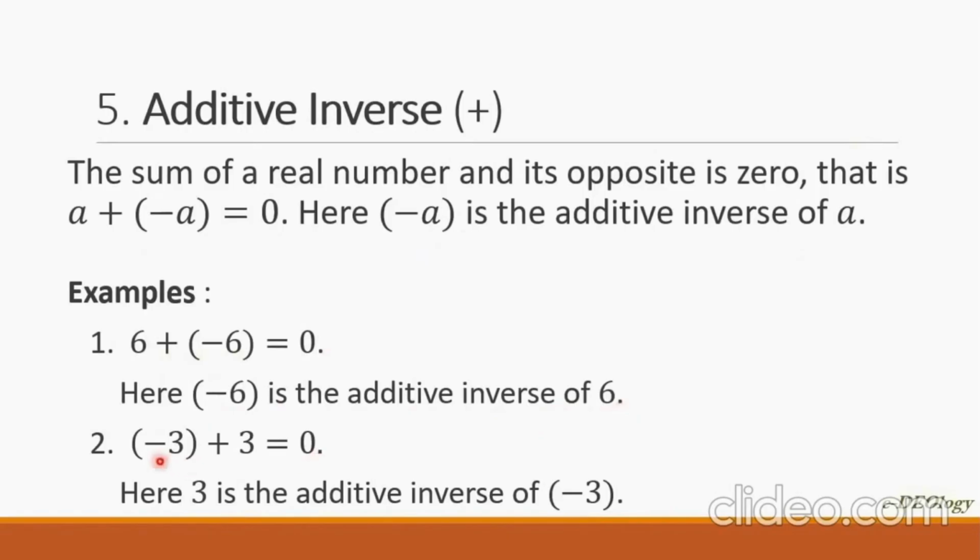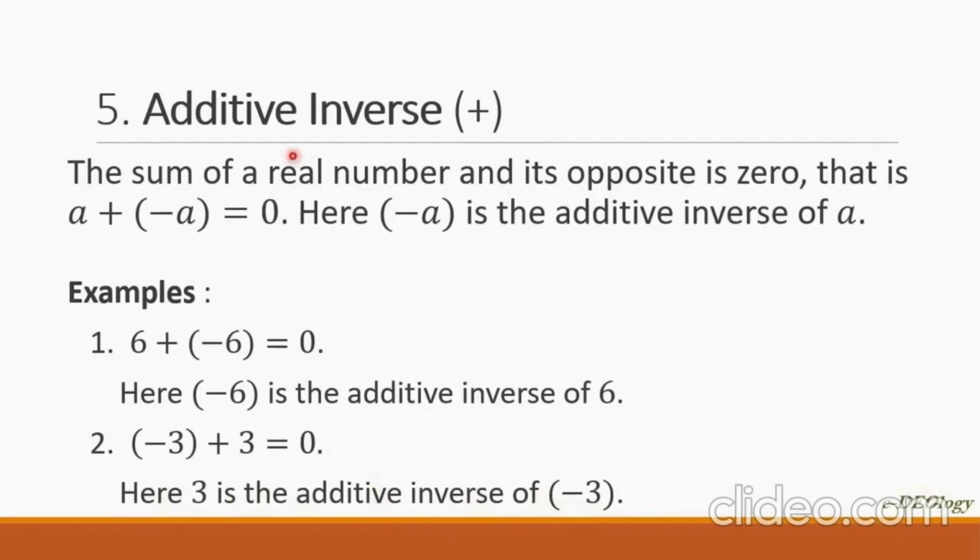Example 2, the given is negative 3 plus a positive 3 is equal to 0. Here, the positive 3 is the additive inverse of minus 3 or negative 3.